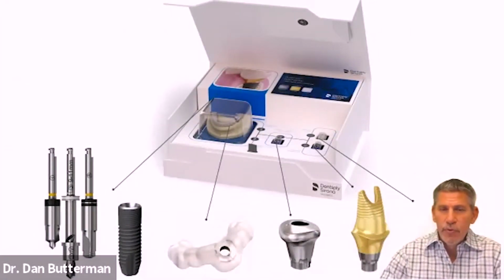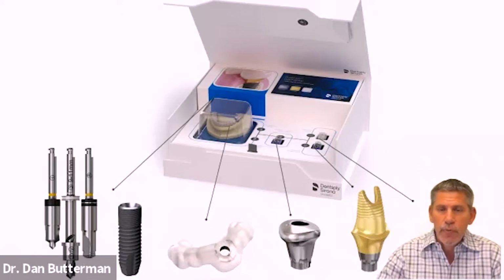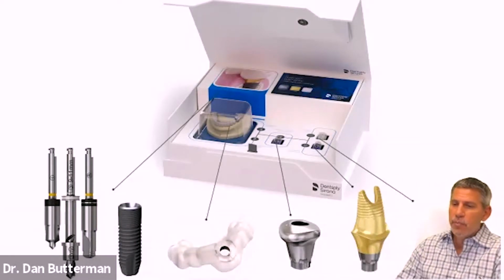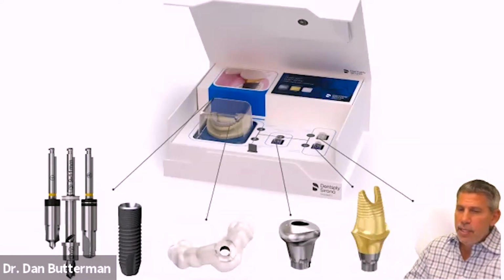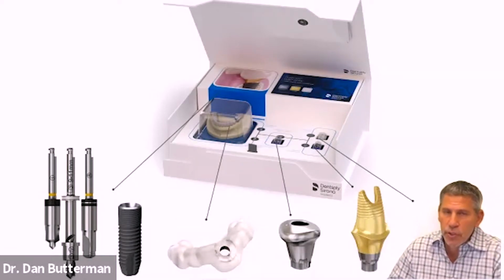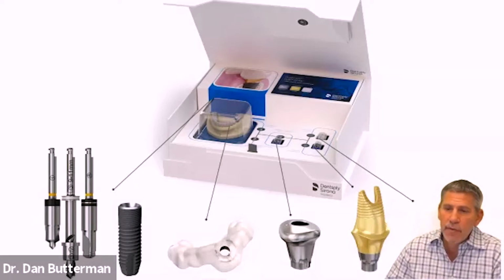Once I have approved that plan, and that plan takes about a day to develop, approximately a week later, this box shows up in my office. In this box, we have all the drills that you need for the surgery, so you don't have to have a surgical kit. You've got the implant that you've approved. You've got the surgical guide that's been manufactured.